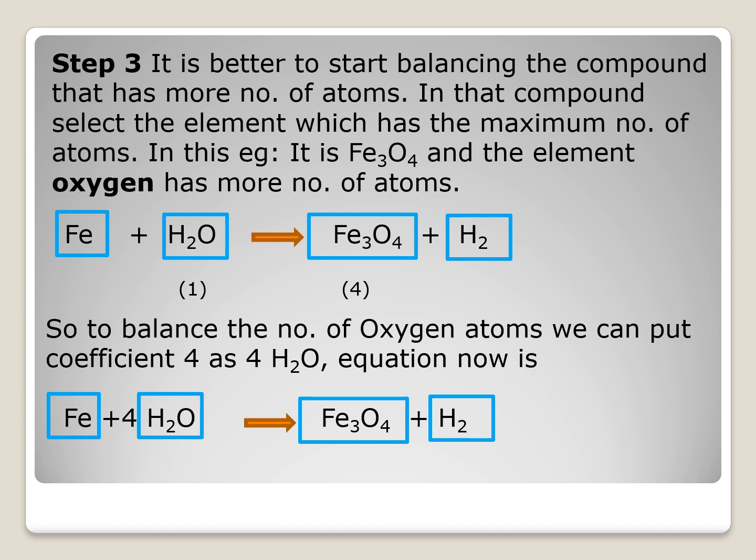So LHS, Fe plus water gives Fe3O4 plus hydrogen. To balance the number of oxygen atoms, we can put coefficient 4 as 4H2O. Now the equation becomes Fe plus 4H2O gives Fe3O4 plus H2.